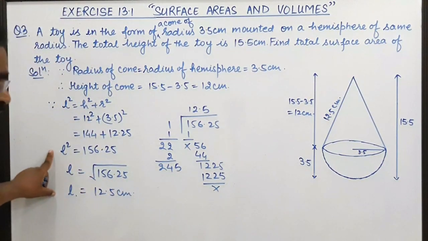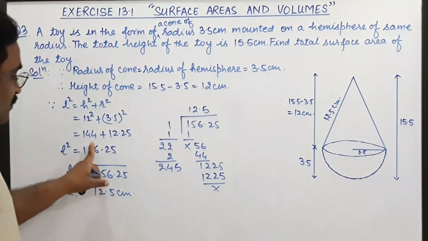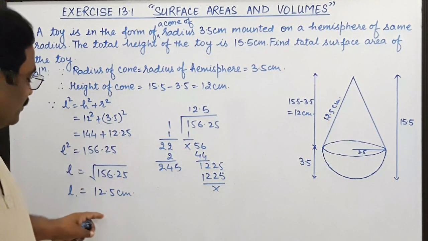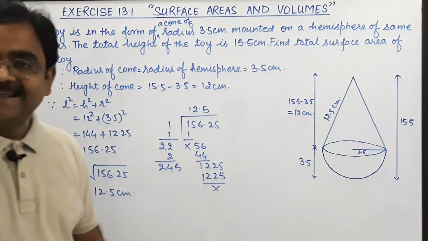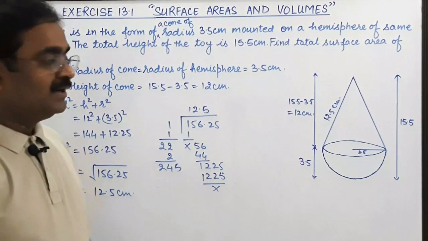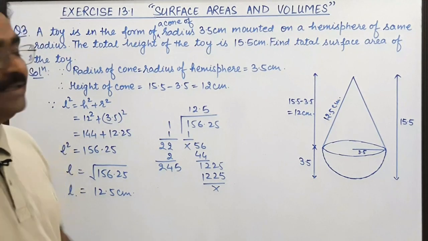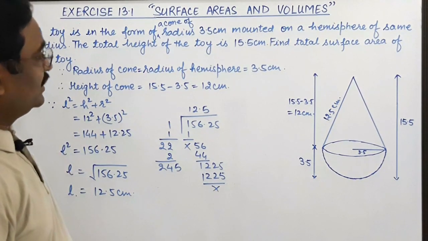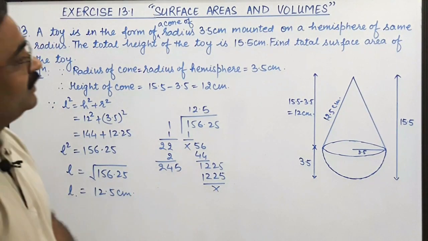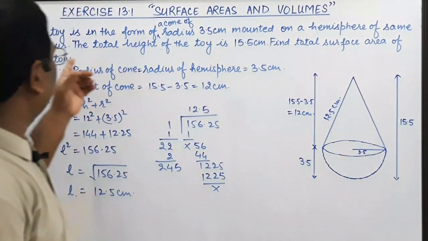With the help of the formula L square is equal to h square plus r square, we got the slant height of this cone as 12.5 centimeter. Now we are going to find out the total surface area of the toy.